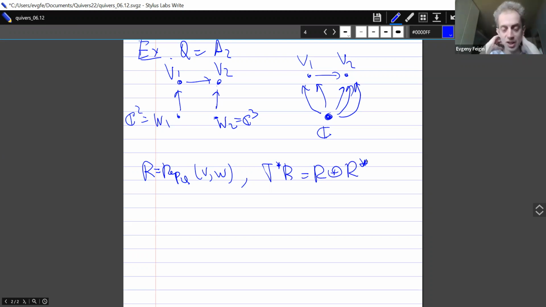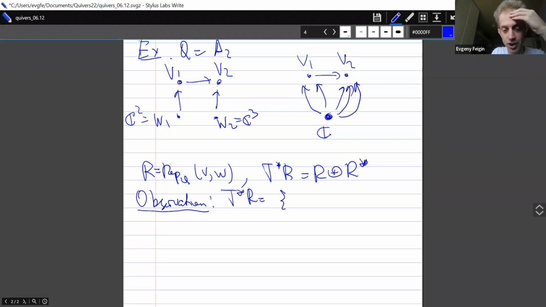So what is that? Let's write it explicitly. Again, just an observation. T star R is the collection of the following data.